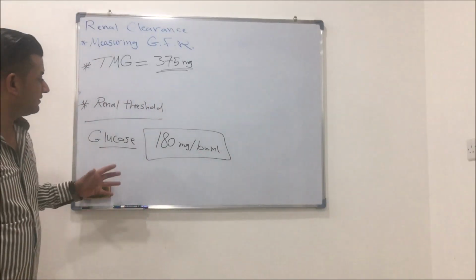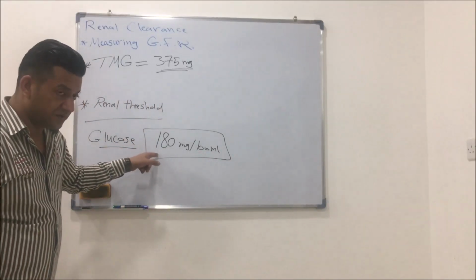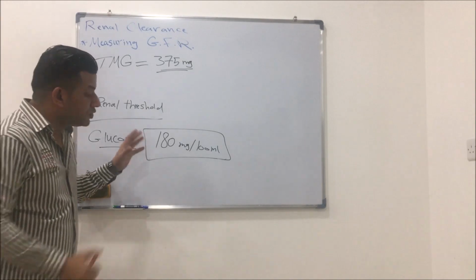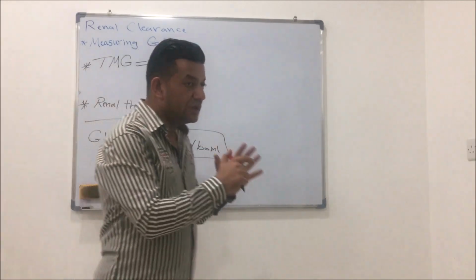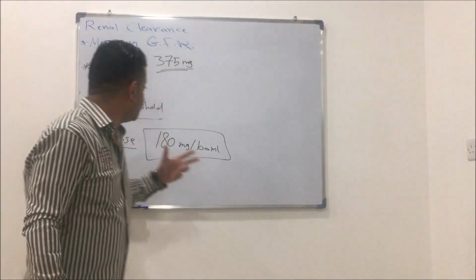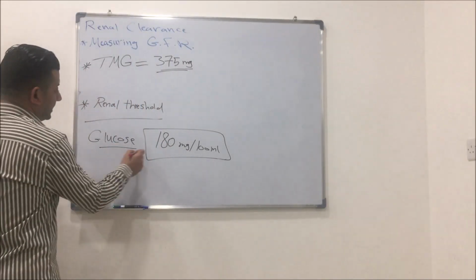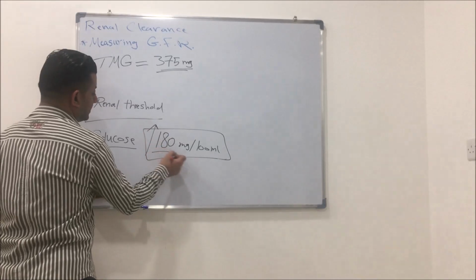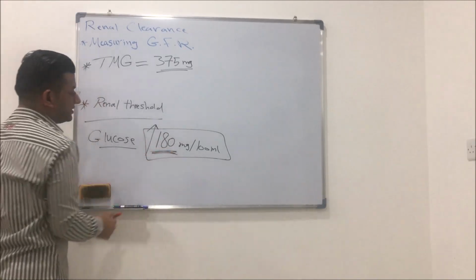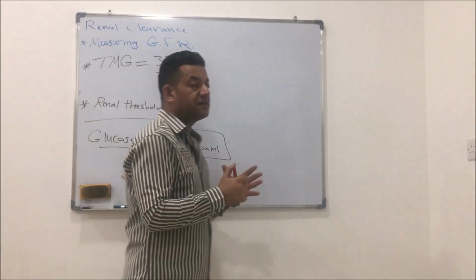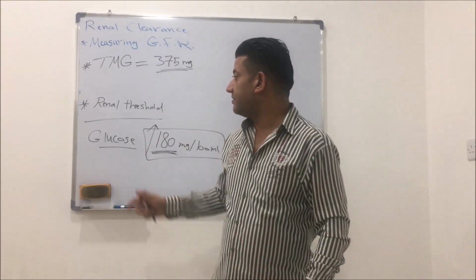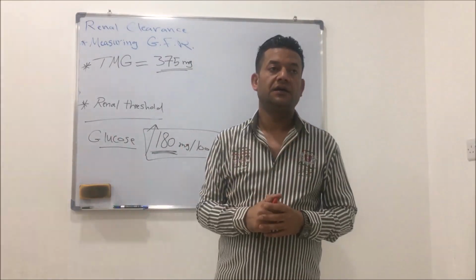If the glucose level reaches this level in the blood, glucose after that will appear in urine, and this is the renal threshold. In other words, if the glucose concentration exceeds this level in the plasma, it will appear in urine, and this is what is called the renal threshold.